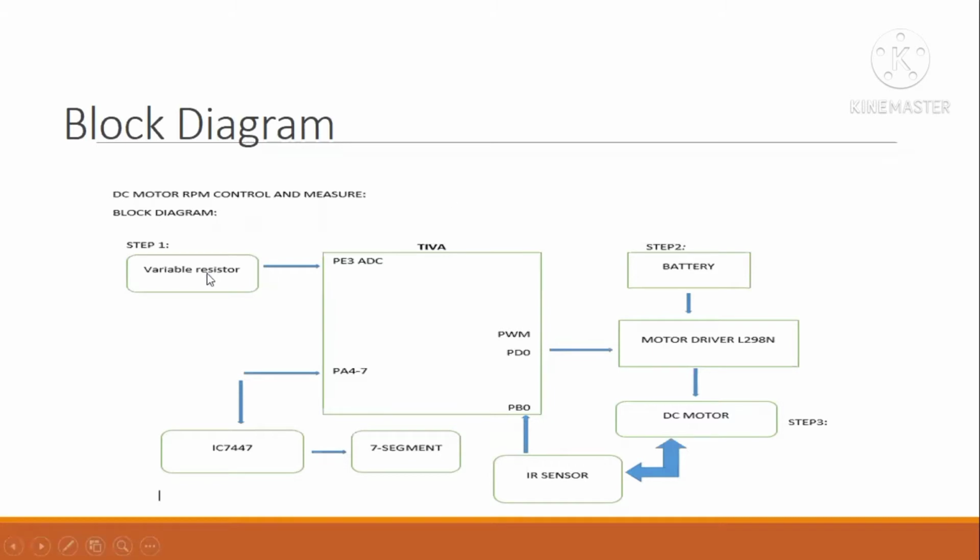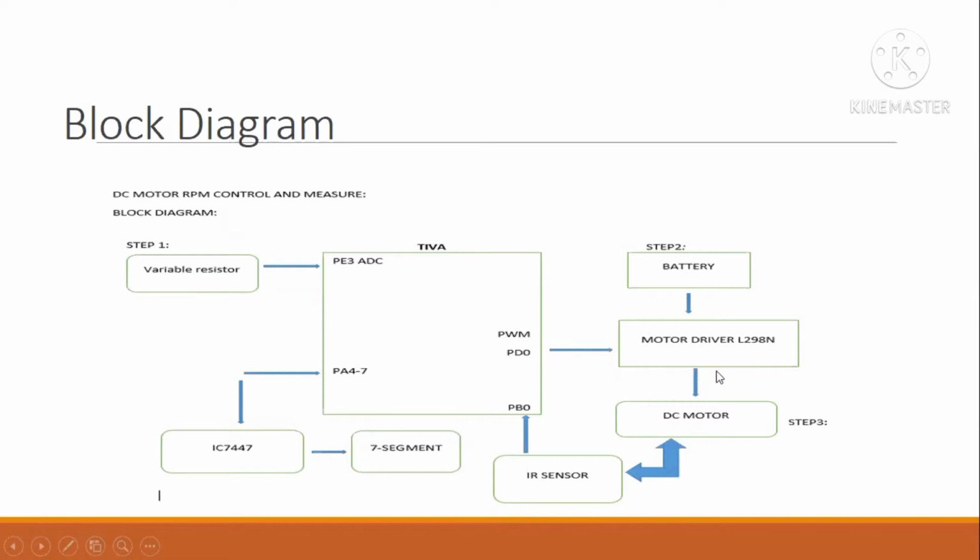In the first step, we use variable resistor at pin PE3 and use the TIVA ADC module, which converts the analog input to digital. Then we use PD0 for PWM, which changes the pulse width modulation according to the ADC variable resistor value. Then we give the output to the motor driver L298N, and supply external battery 9 volt.